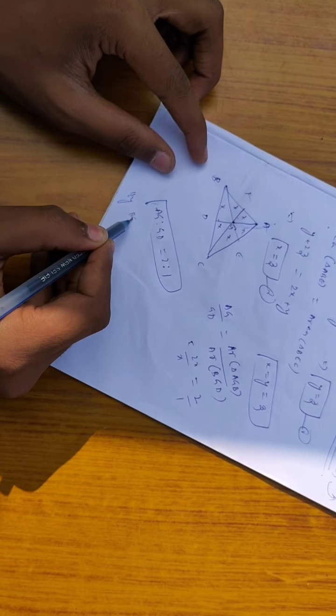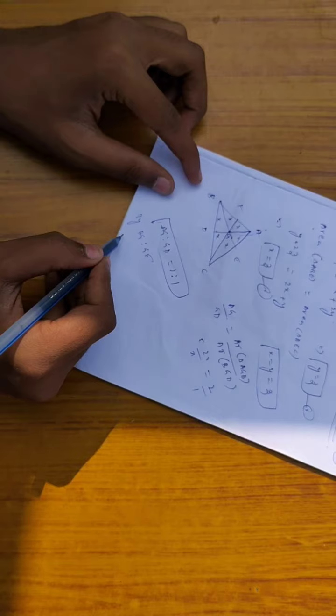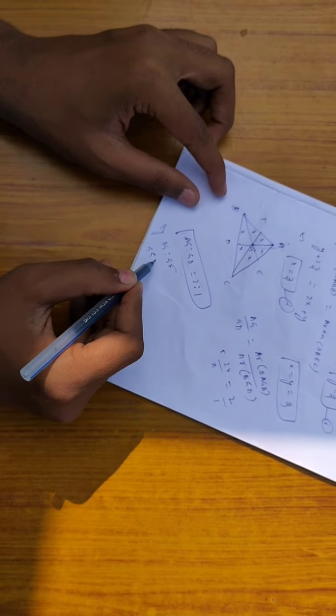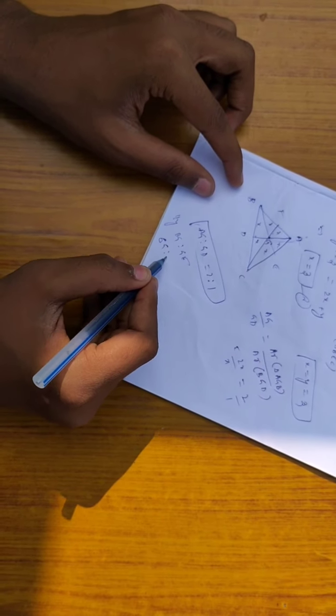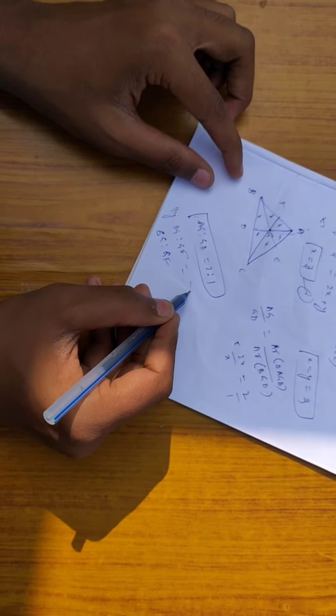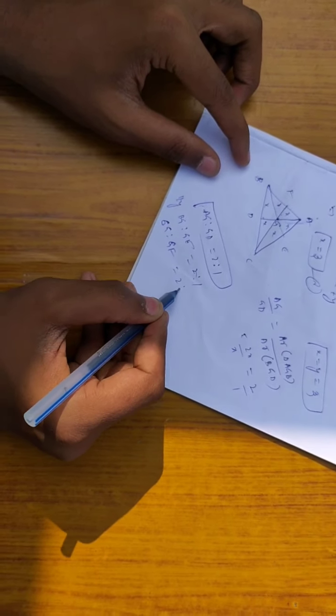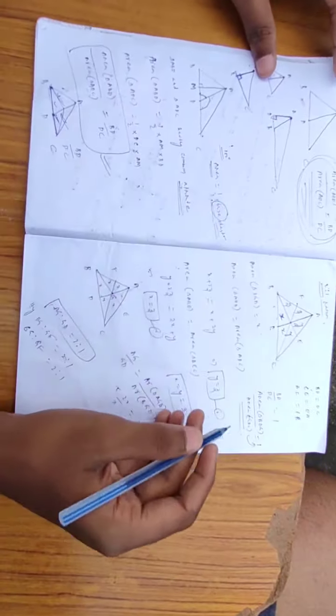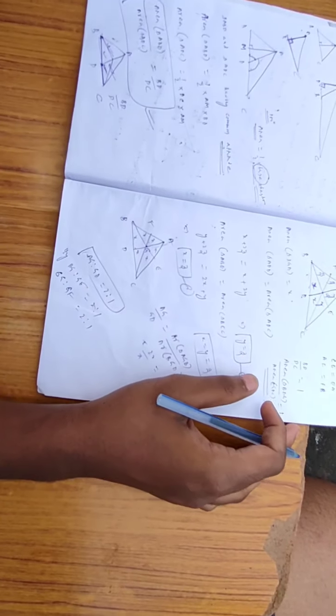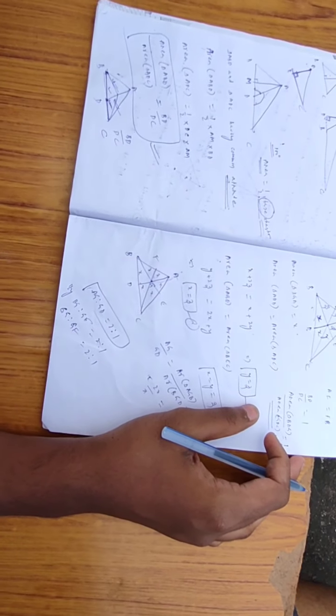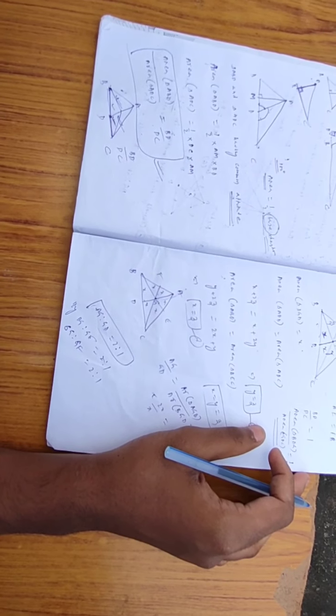Similarly, BG is to GE, CG is to GF, these are all 2 is to 1. So we proved that in a triangle the centroid divides the median in the ratio 2 is to 1.